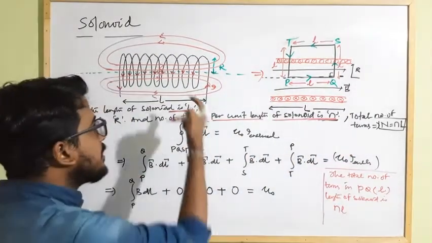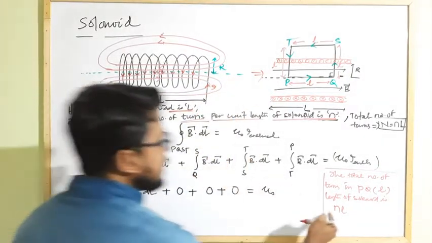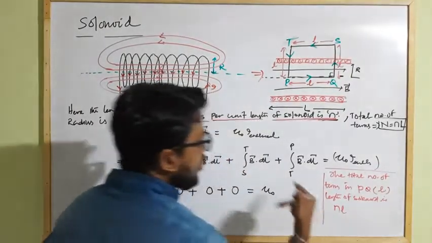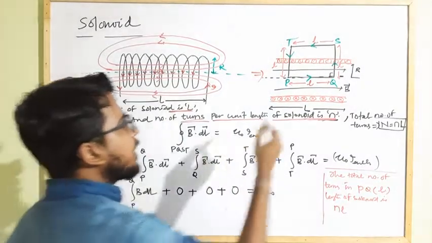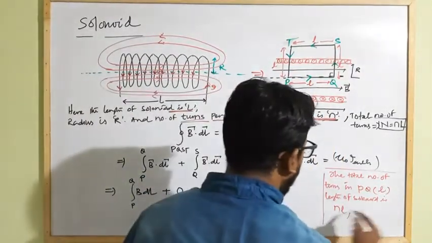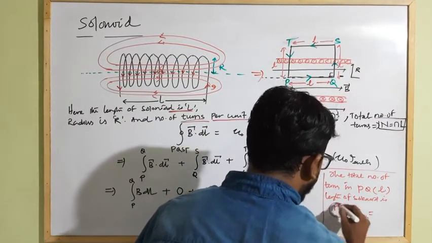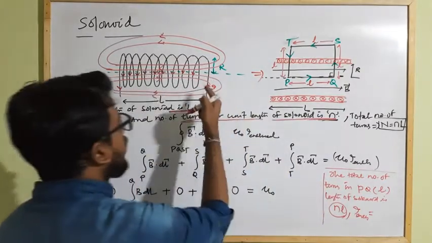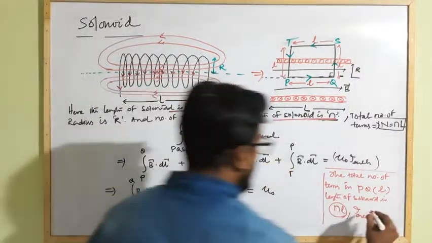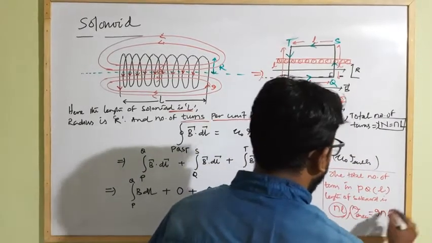Clear? As a single turn carries I amount of current, then in this many turns the net current will be the current enclosed by this Ampérian loop. So what is the value of the total current enclosed? I enclosed will be the total number of turns into the current carried by each turn. So it will be I n into l. This is the value of I enclosed.